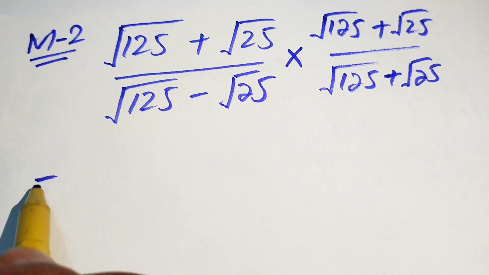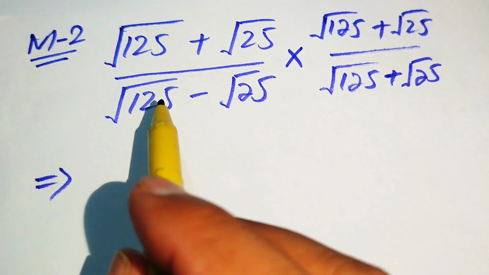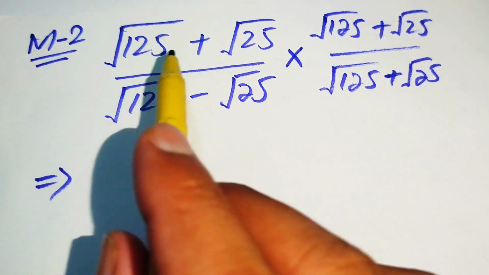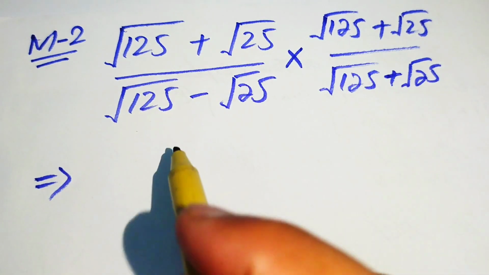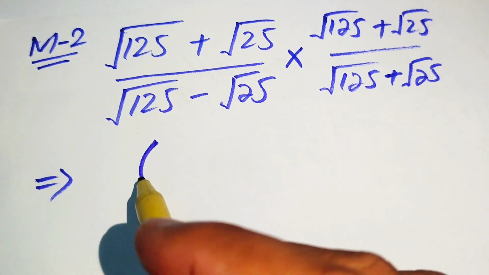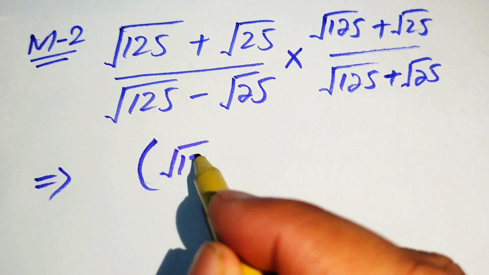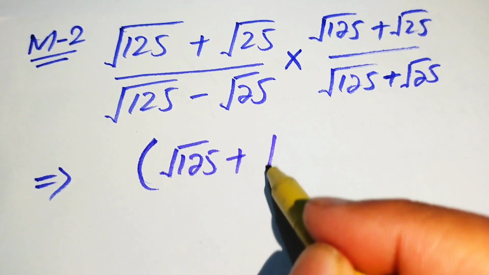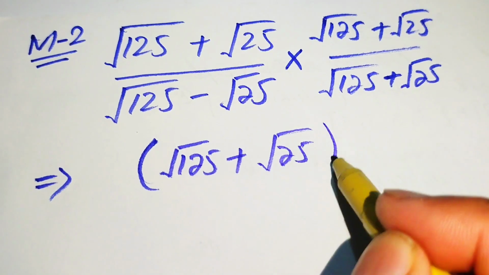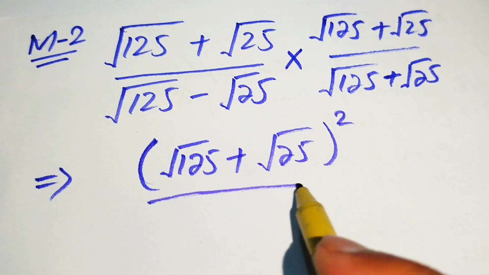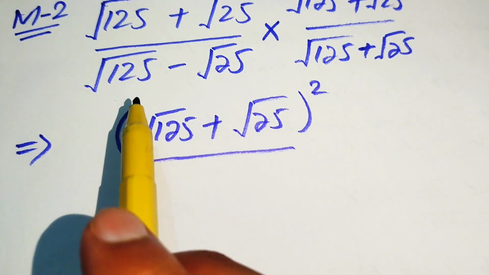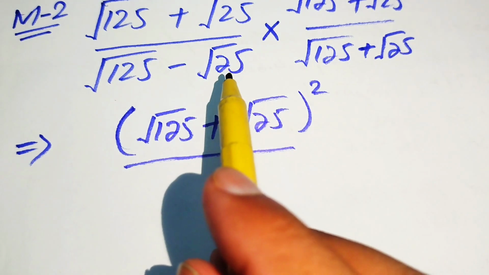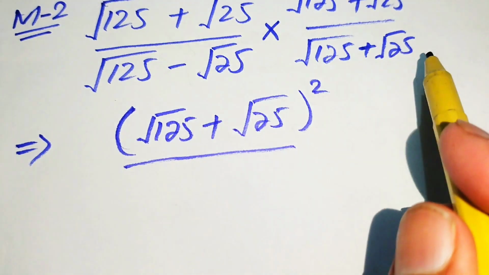Now we multiply the corresponding terms, and we write it in this form: (√125 + √25) whole square divided by (√125 − √25) and (√125 + √25).